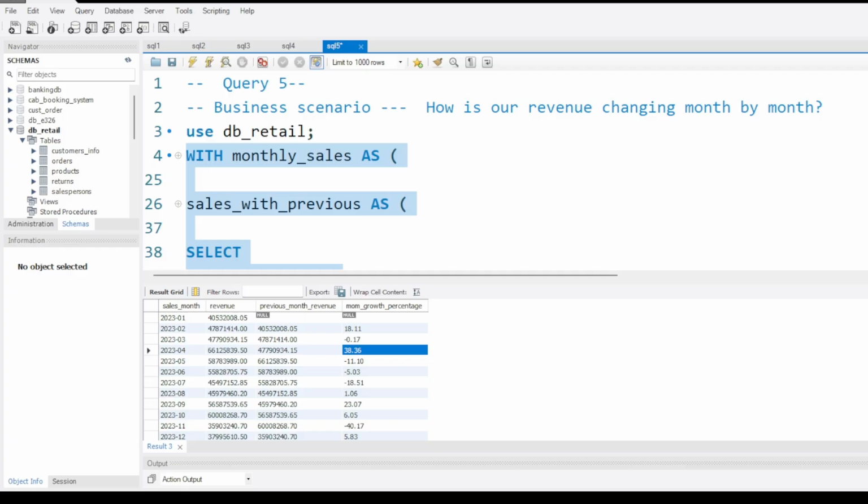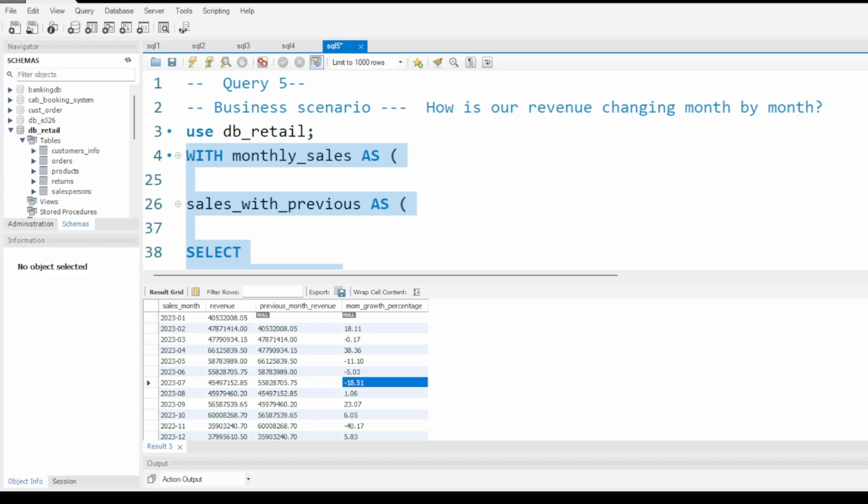But from May to July, we can see a decline in revenue. So, with just one SQL query, we can quickly identify the monthly revenue trend.